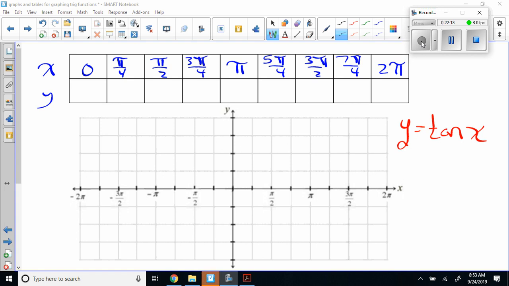When we take the tangent of 0, what do we get out, folks? 0. When we take the tangent of pi over 4, what do we get out? Huh? 1. We take the tangent of pi over 2, what do we get? It's what?